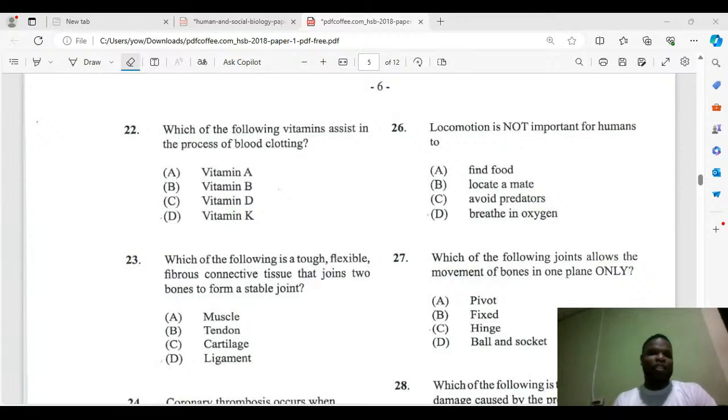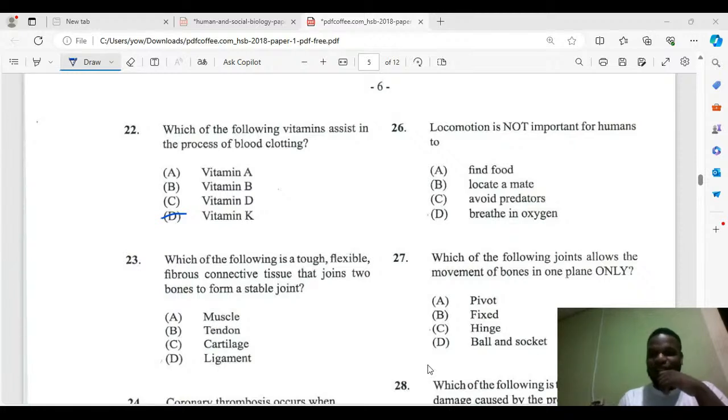Moving on. Which of the following is a tough, flexible, fibrous connective tissue that joins two bones to form a stable joint? Two bones to form a stable joint. What are we going with that?